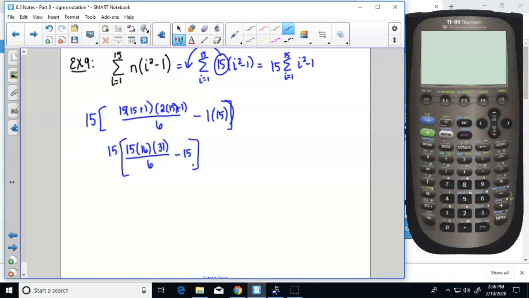For the sake of you not having to spend the rest of your life doing this homework assignment, I don't mind if you use the calculator for these last steps.